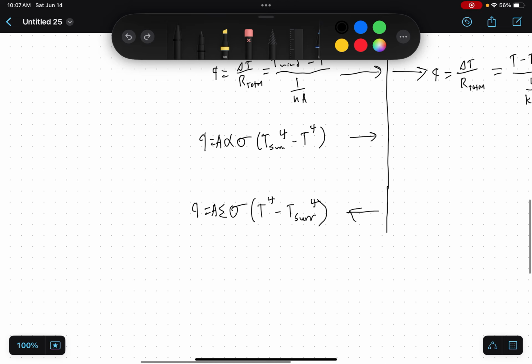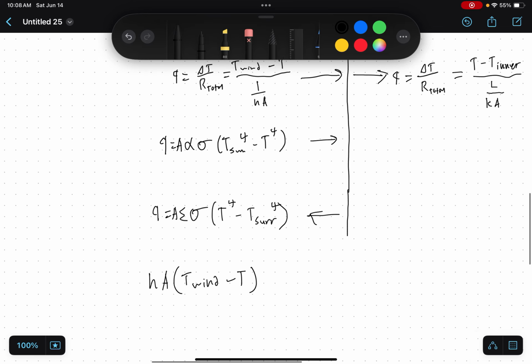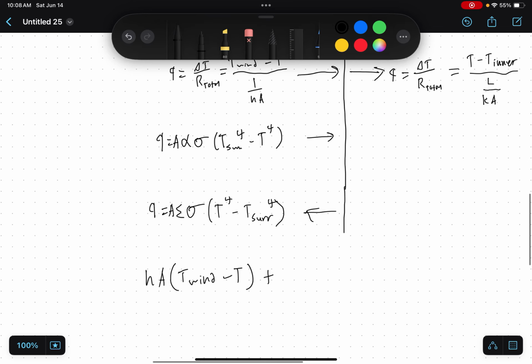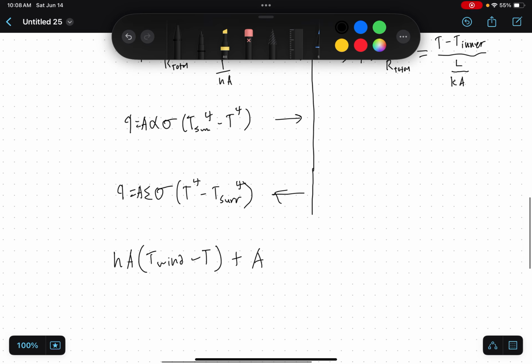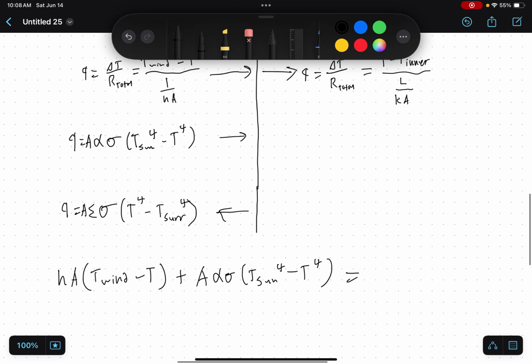We'll have hA (T wind minus T), plus another thing going in, A alpha sigma (T sun to the fourth minus T to the fourth), equals the stuff going out, which is this and this.